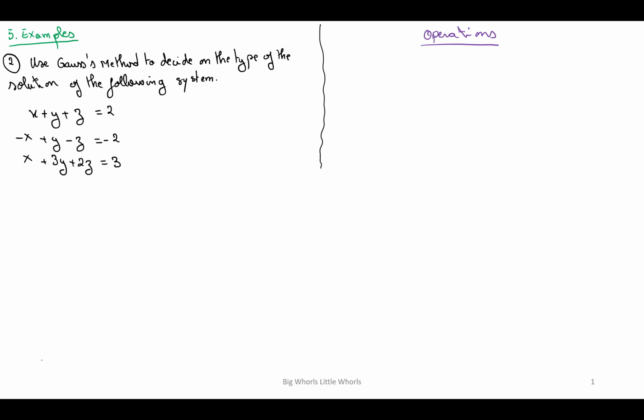Let me rewrite my linear system. x plus y plus z equals 2, minus x plus y minus z equals minus 2, and x plus 3y plus 2z equals 3. So we are going to perform Gaussian operations.